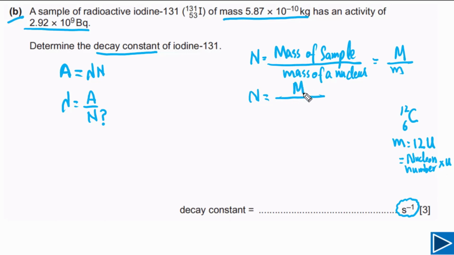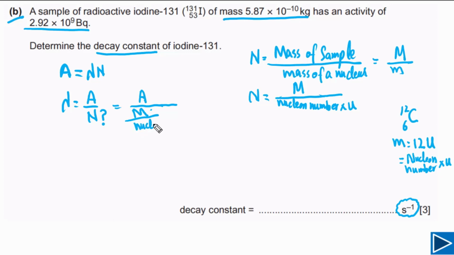So this is M, the mass of the sample. You have to divide this one by the nucleon number, and you have to multiply this one with u, meaning simply mass number times u. And this one now we can use here. So we can say this is the activity divided by this one, so divided by the mass of the sample divided by nucleon number.